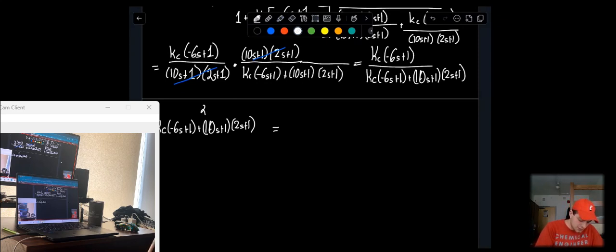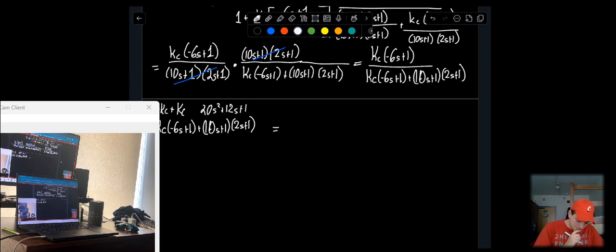So let's go ahead and try this. If I go ahead and FOIL this out here, we should get that function. And so let's see. Then I have minus 6s times kc plus kc.